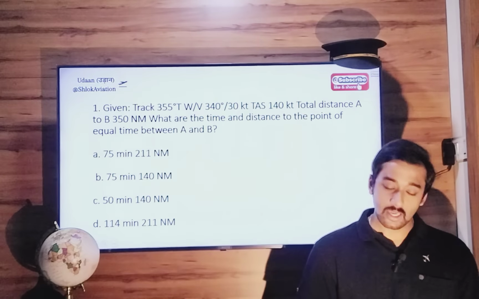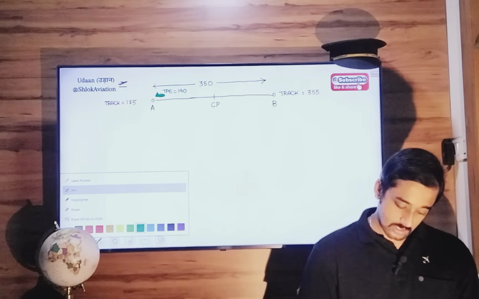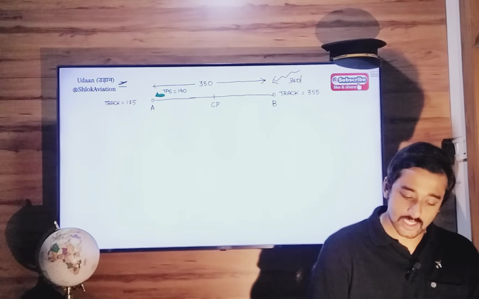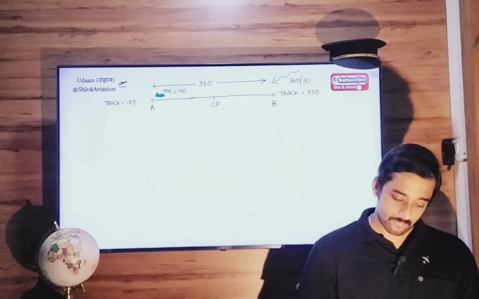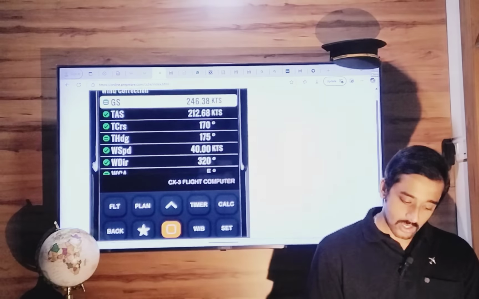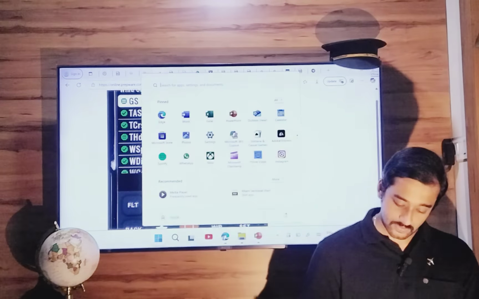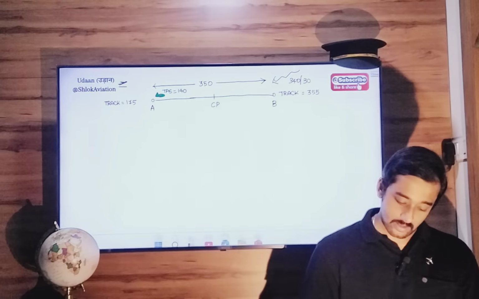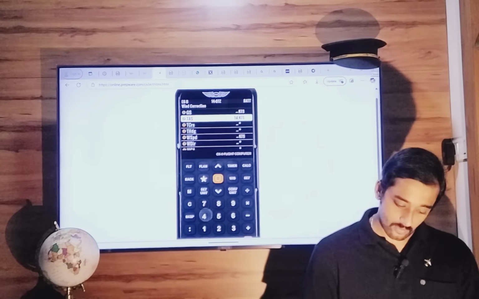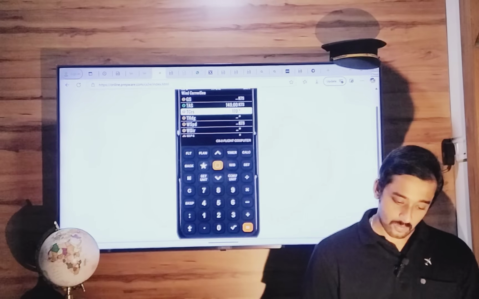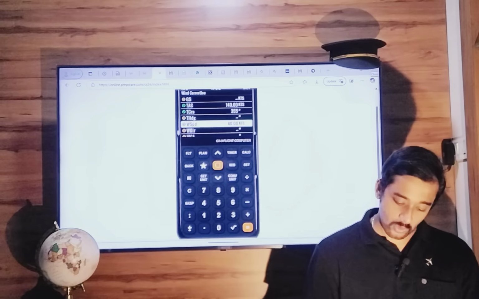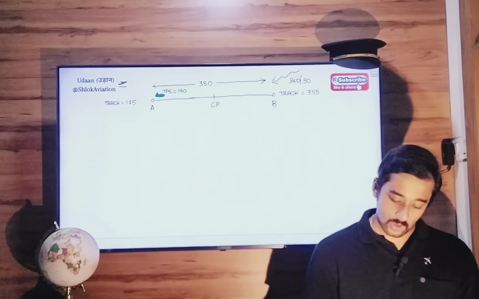Winds are coming from 340 at 30. So we will find ground speed. Let's use GX3. Your task is 140, course 355, winds 340 at 30.